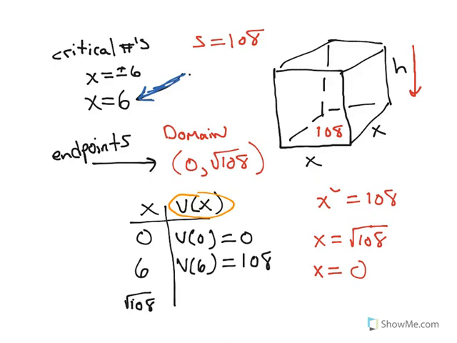And if you put in the square root of 108, then again, your h is basically 0. You have no more height, so we could assume that that's just going to be 0.